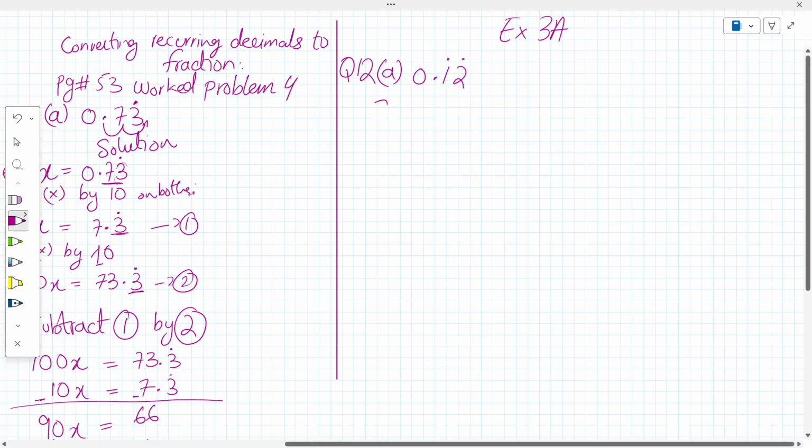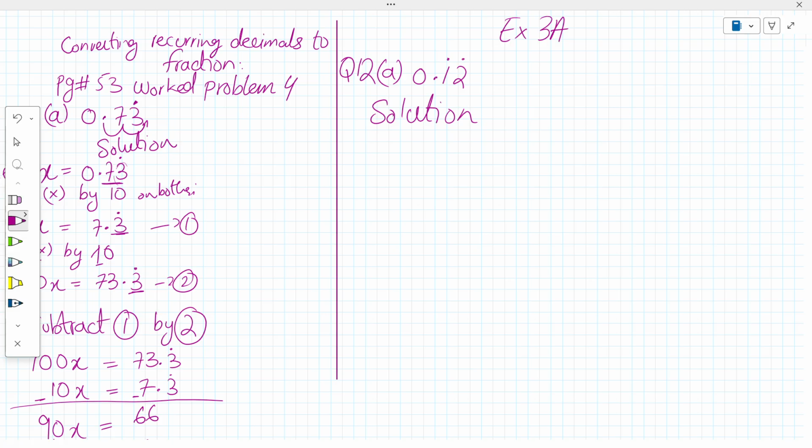So now we are going to convert this decimal to a fraction. The first step remains the same: let x equal 0.12. Now after multiplying by 10, the value is 10x equals 1.2 with the dot.